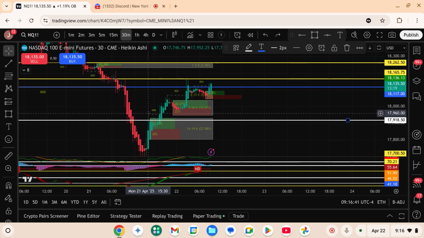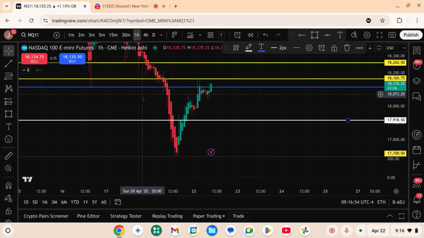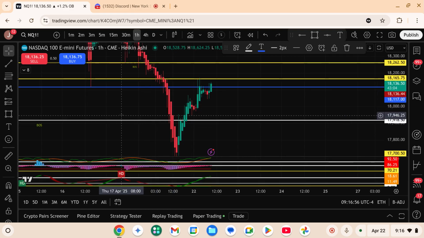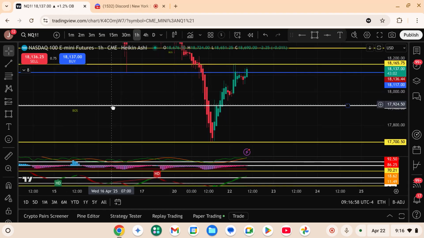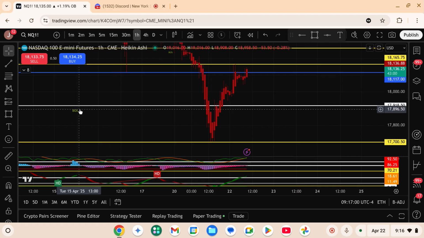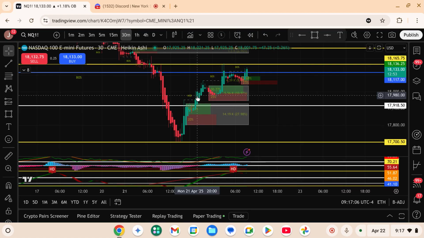Because remember, this MSB, that's the market structure. It's basically a change of character. It's changing direction. And if you were to look at it from a 1 hour point of view, it went bearish right here, a break of structure. And then if you look at the smaller time frame, it flipped this MSB.